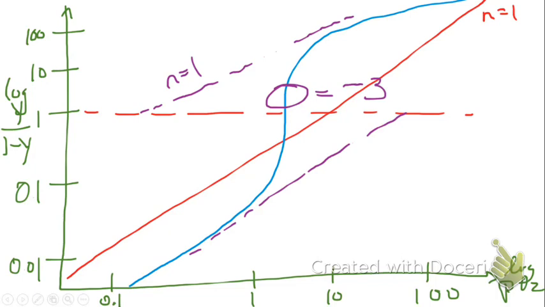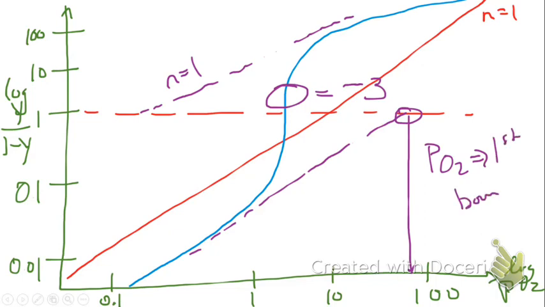If we take this asymptote where it crosses the number 1 and drop it down, this is the pressure of oxygen for the first bound molecule of O2, and it's about 30 torr.